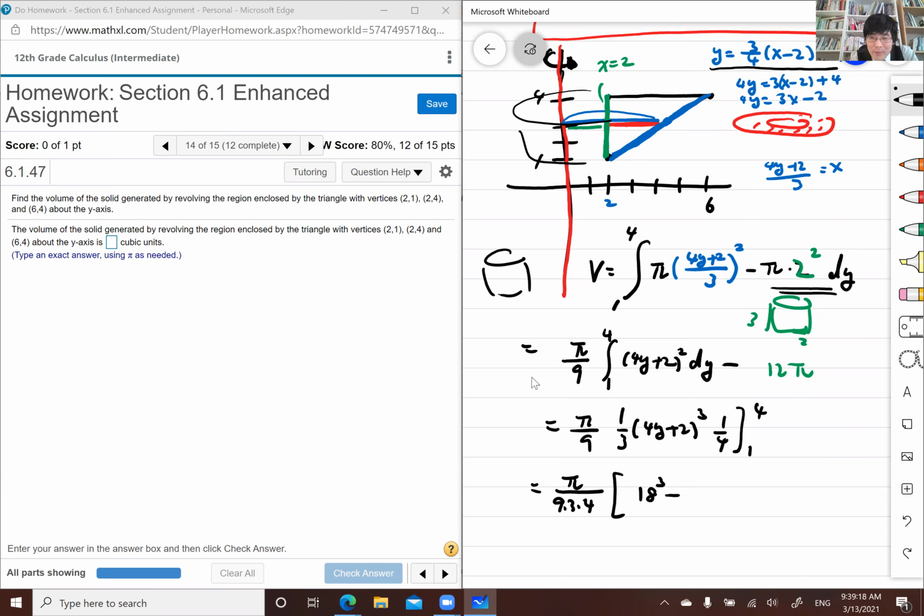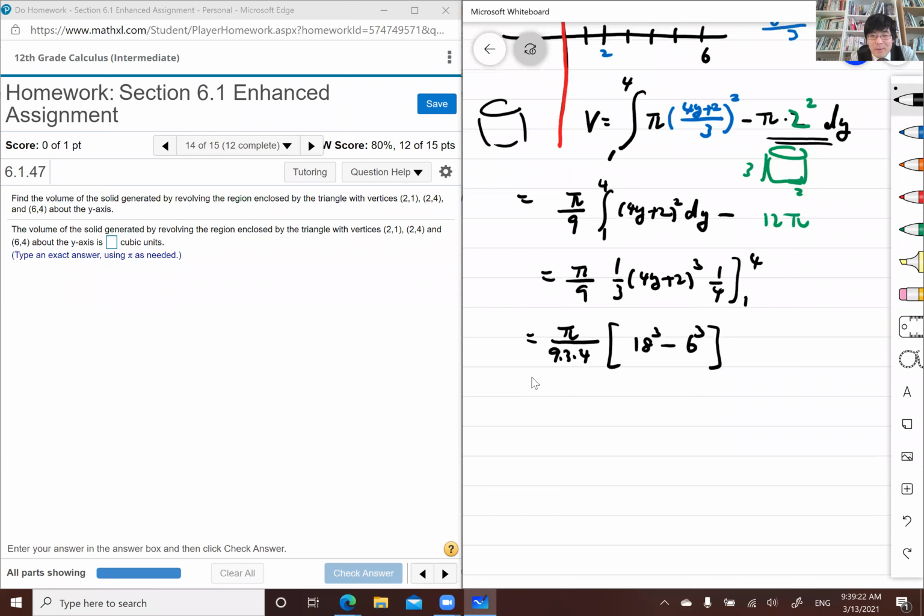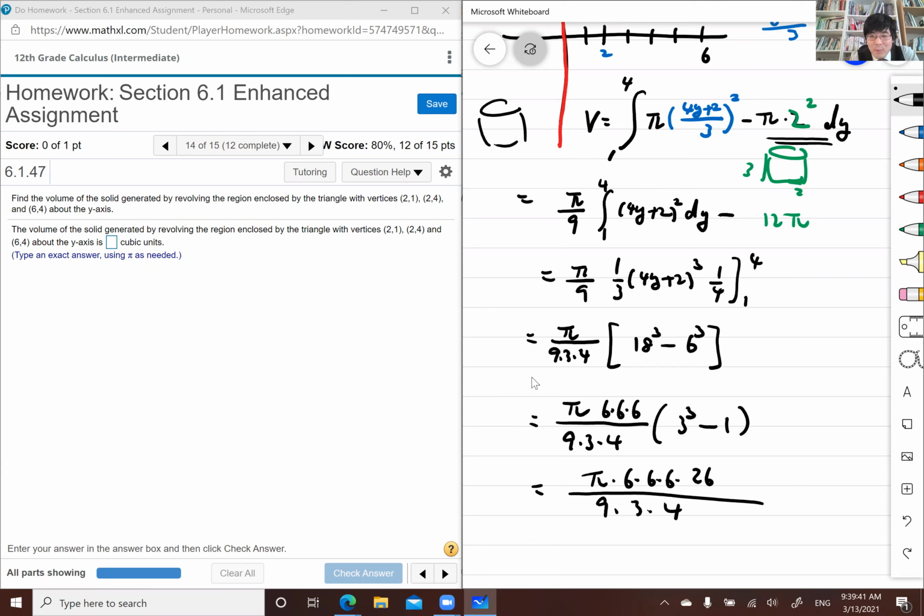And when you plug in 1 here, it's going to be 6 cubed. After this it's just simplification. Let's put 6 cubed out, so 6 times 6 times 6 out. So it's going to be 3 cubed minus 1 here.